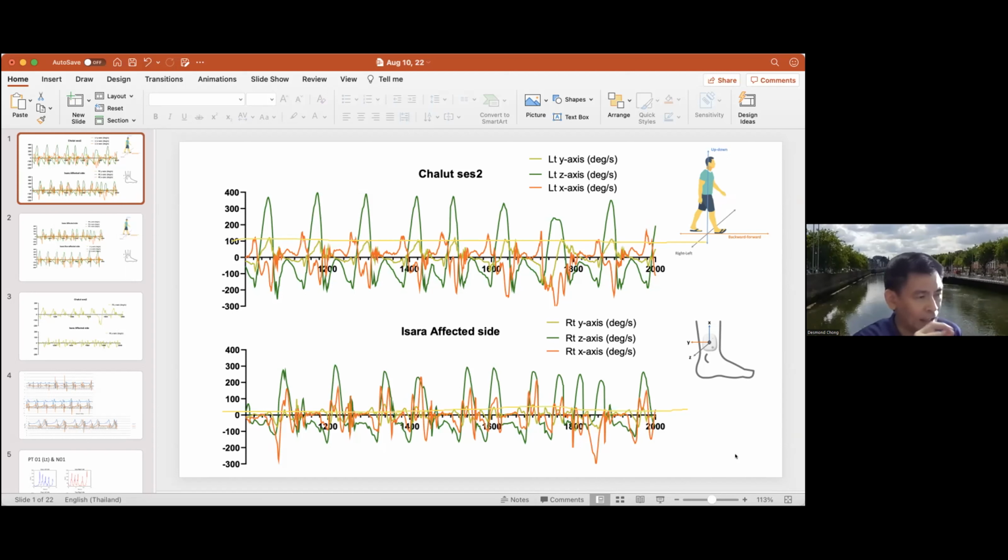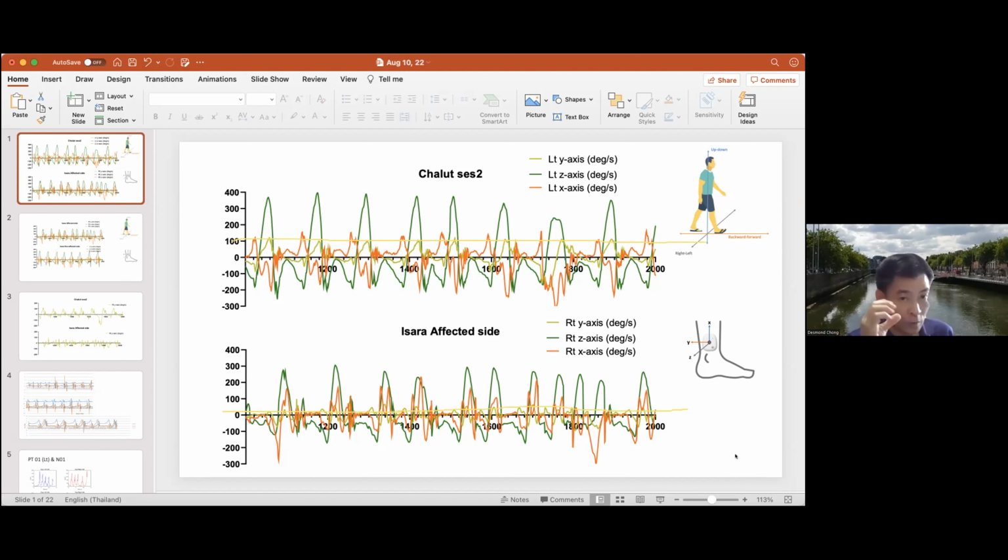Since you have X, Y, and Z, look into all three, until the data really proves that there's no difference in the y-axis between the healthy and the stroke patients.